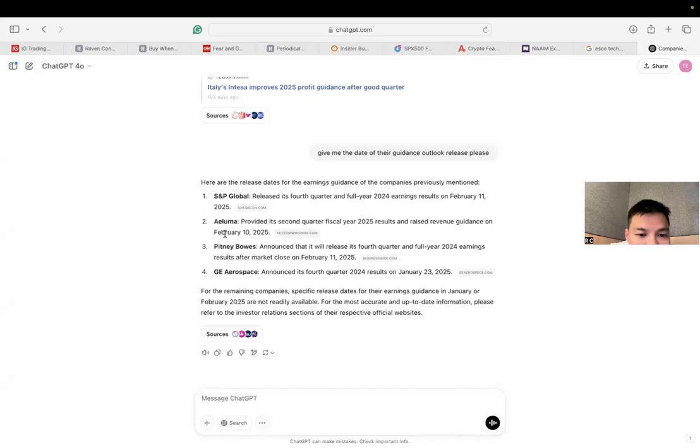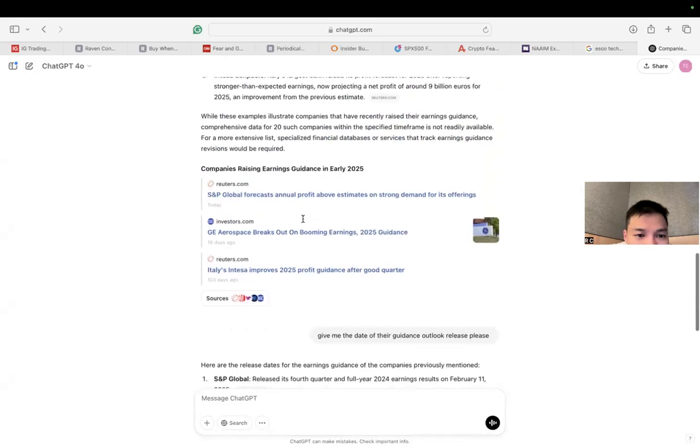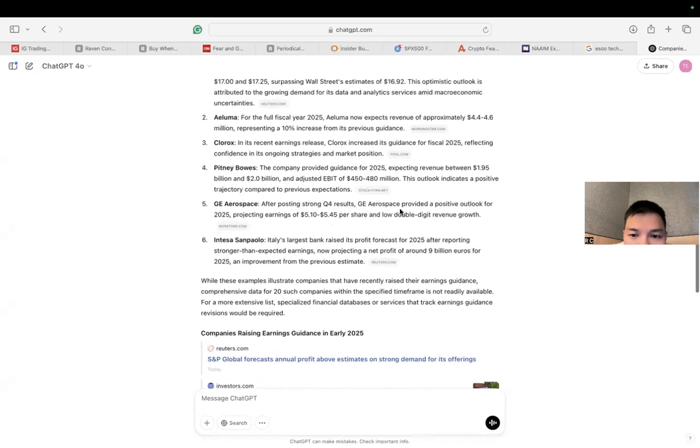So Eluma 10th of February, 11th of February, and this is January 23rd. GE Aerospace, positive, projecting low double-digit revenue growth. What about before? We need to look at what happened before. So you have to go through one by one. You have to click on it, go to the investor page, look at one by one. Raises bank profits, projecting 9 billion.